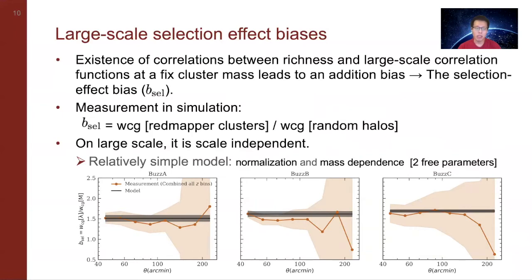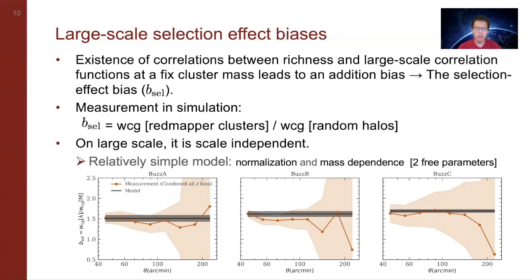This selection effect bias can be understood as something, so the concept is very similar to the assembly bias or secondary halo bias, which is a manifestation of the correlation of some local halo properties with the large-scale correlation functions at a fixed halo mass.